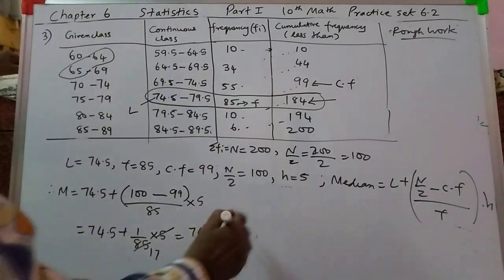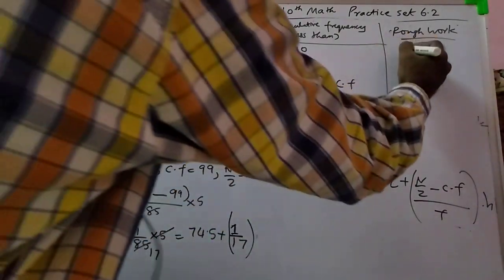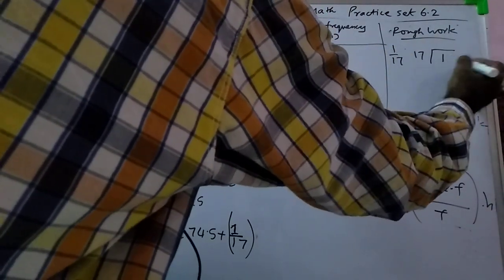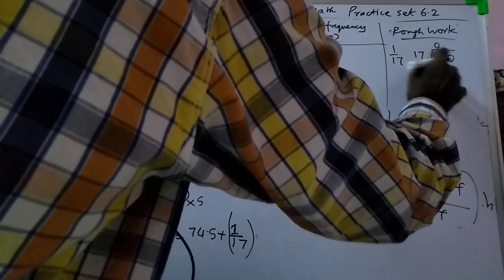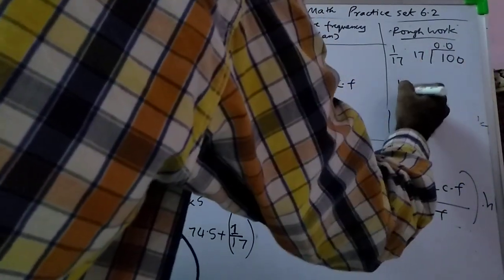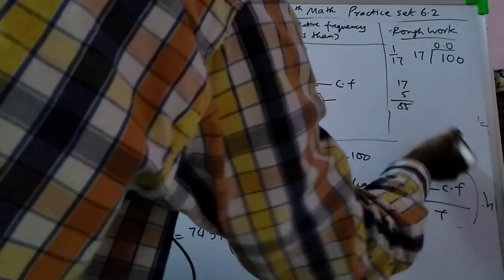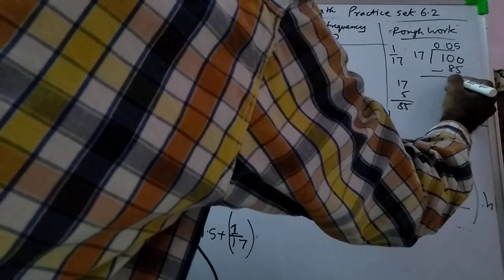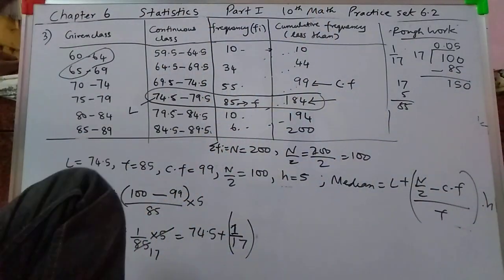Now we can calculate this part, 1 upon 17. Take 0 point. It is not going, still small. Take 100. 17 into 5 is 85. Subtracted, it is 15. Take 0. 17 into 8.